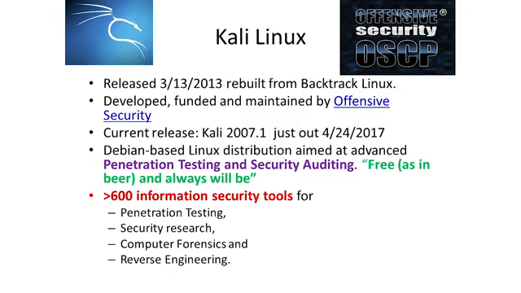It is developed, funded, and maintained by the Offensive Security firm. Currently, the release number is Kali 2017.1. It just came out not even a month ago, April 24, 2017.